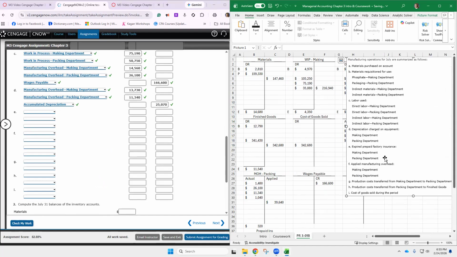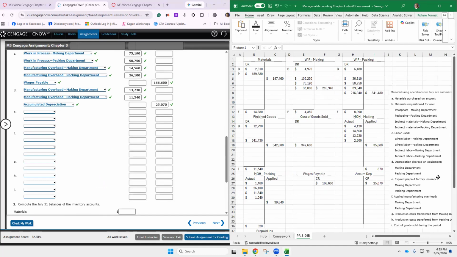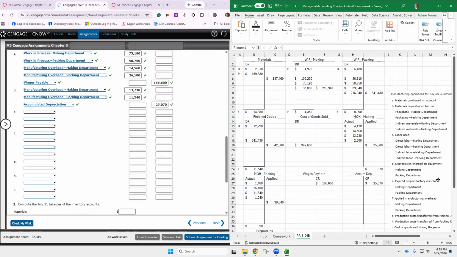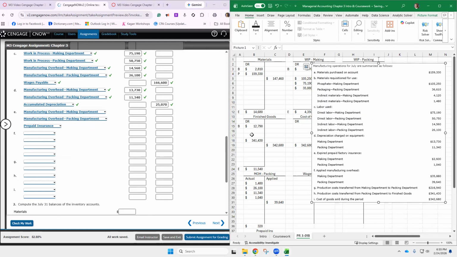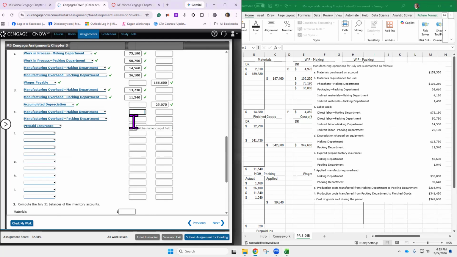E is expired prepaid factory insurance. So we want manufacturing overhead making, manufacturing overhead packing, and it's coming out of prepaid insurance. 2,600 and 1,040.